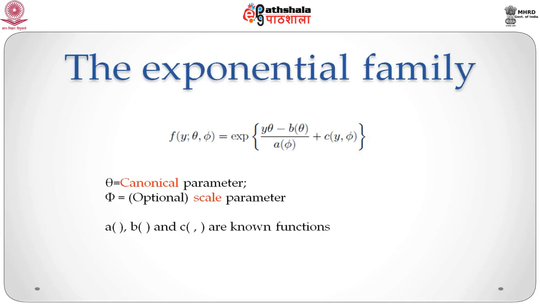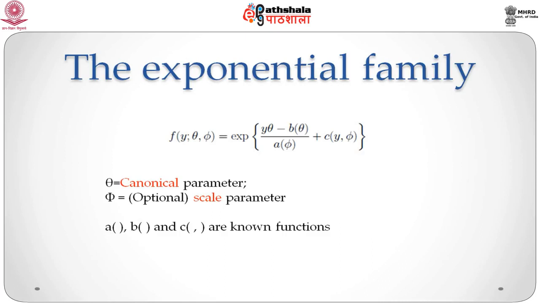Theta here is the parameter indexing the family and is called the canonical parameter. We shall see, using some examples in a subsequent slide, that the canonical parameter can be slightly different from the natural parameters we use to index some commonly known families such as the Poisson and the binomial, which are all special cases of the exponential family.